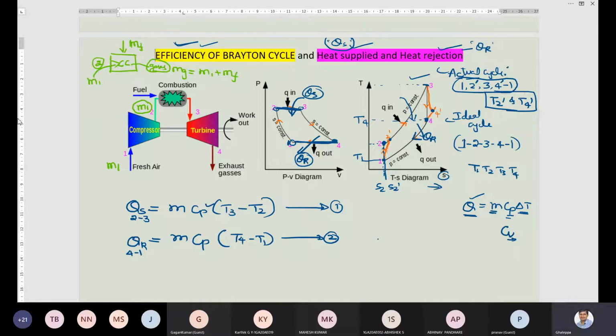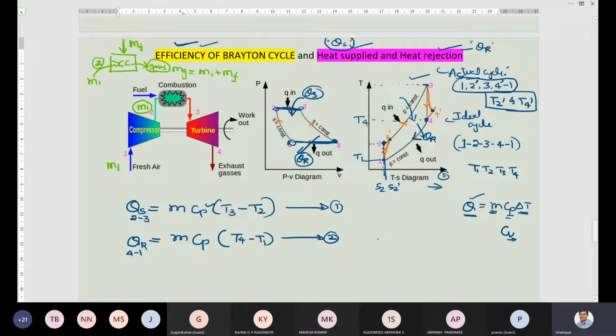Which one is right? Shall I write the mass of gas is equal to only mf, or equal to m1, or is it the sum of both the mass of fuel and the mass of air? Yes, m1 plus mf. Correct, very good.